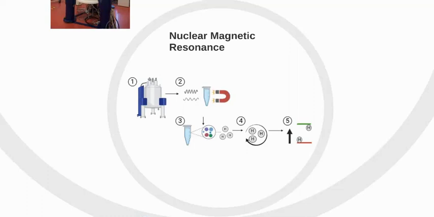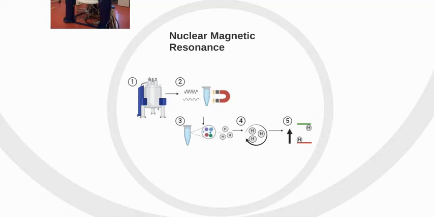For NMR to occur, the electromagnetic frequency samples are subjected to must match the Larmor frequency. The Larmor frequency is unique to each hydrogen nuclei in a compound and varies based on electron shielding, chemical structure, and bonding. Number 5.